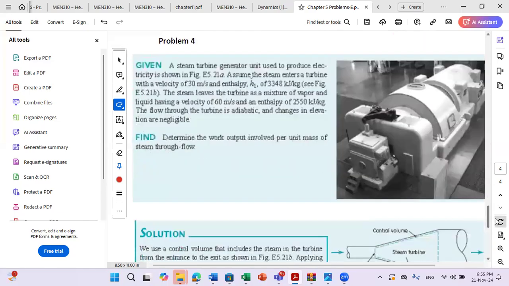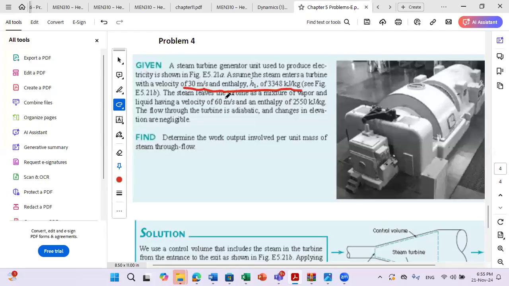Okay. Now we'll do the analysis of a turbine to see how we can extract the energy from the fluid as it goes through the turbine. So a steam turbine generator unit is used to produce electricity as shown in the figure. Assume that the steam enters the turbine with a velocity of 30 meters per second at an enthalpy H1 of 3,348 kilojoule per kilogram.